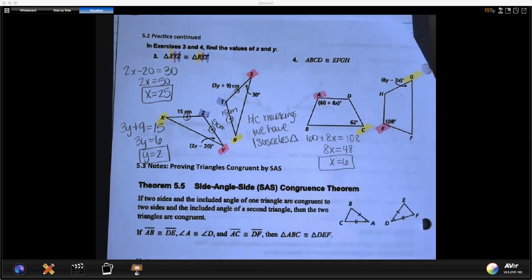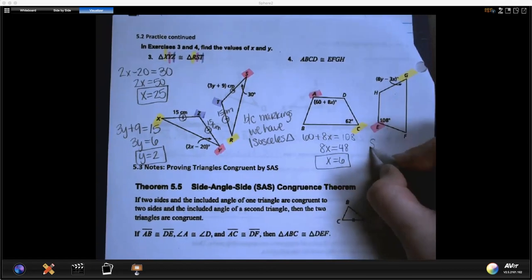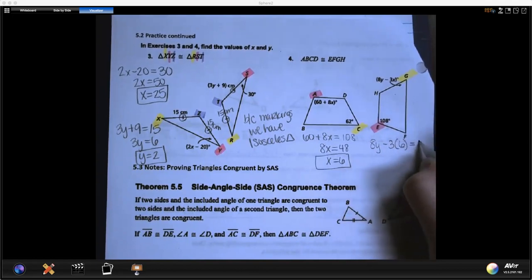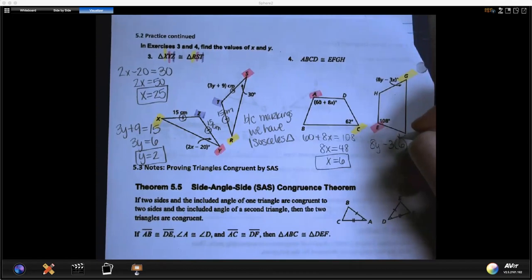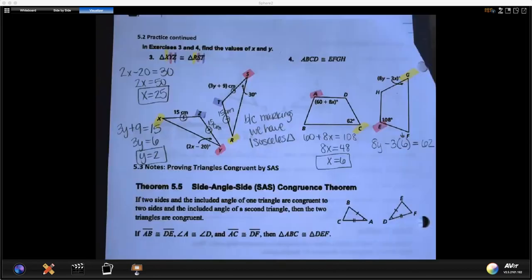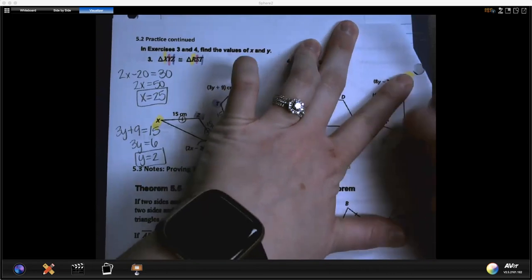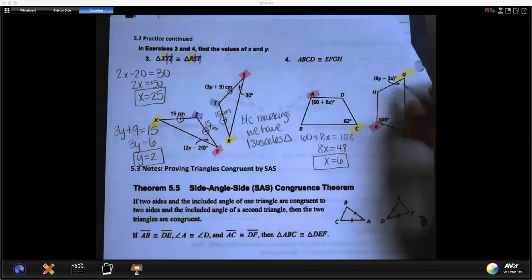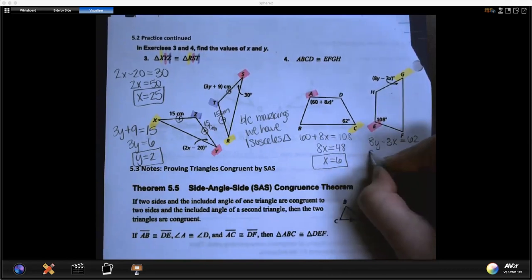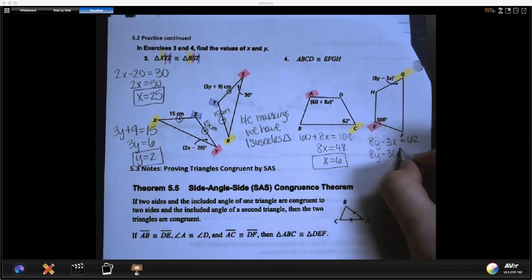Now that I know x equals 6, on the other equation, I'm going to have 8y minus 3 times 6 equals 62. So I'm replacing x with the value that we just found. So again, to clarify, originally it was 8y minus 3x equals 62, but I'm going to replace the x with 6 from what we just found.